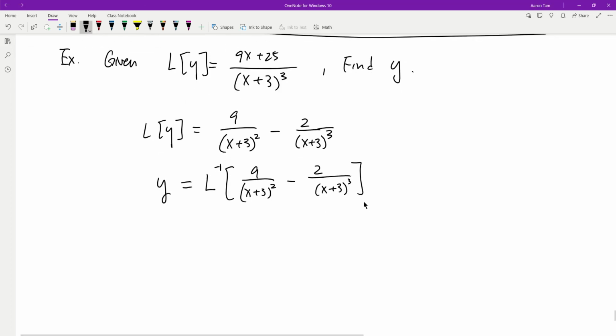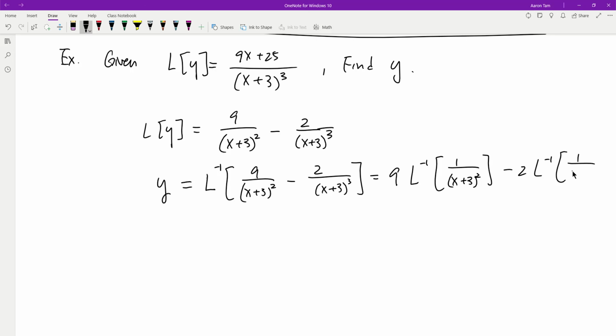Now, because the Laplace transform is linear, its inverse is also linear. We talked about that back in chapter 3. When you have a linear function, its inverse must also be linear. So therefore, I can say that's 9 times the inverse Laplace transform of 1 over (s + 3) squared, minus 2 times the inverse Laplace transform of 1 over (s + 3) to the third.